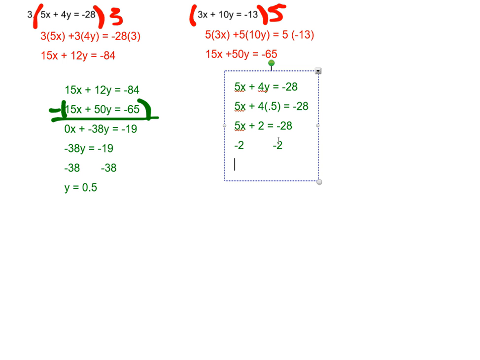I am then going to need to combine these. So I have 5x is equal to negative 30. And I'm going to divide both sides by 5. So I have x is equal to negative 6.